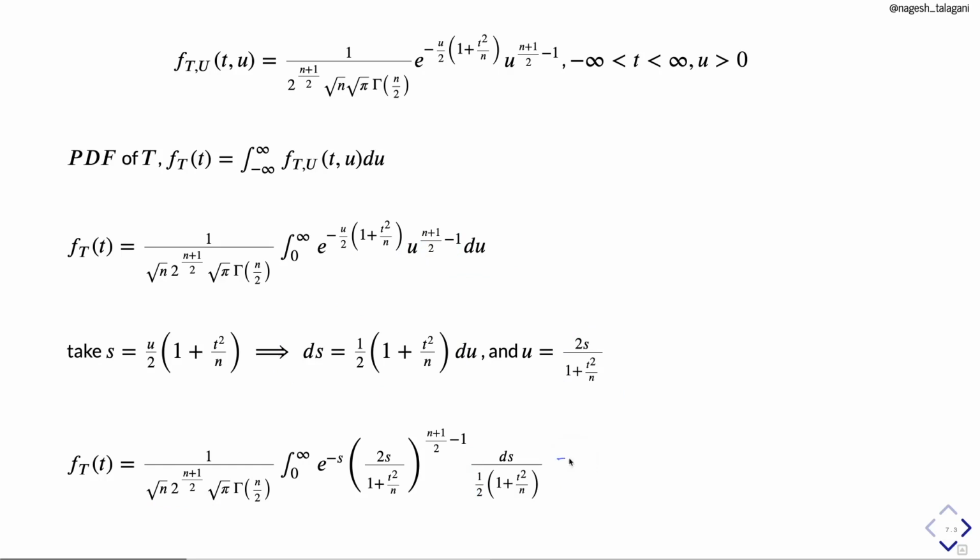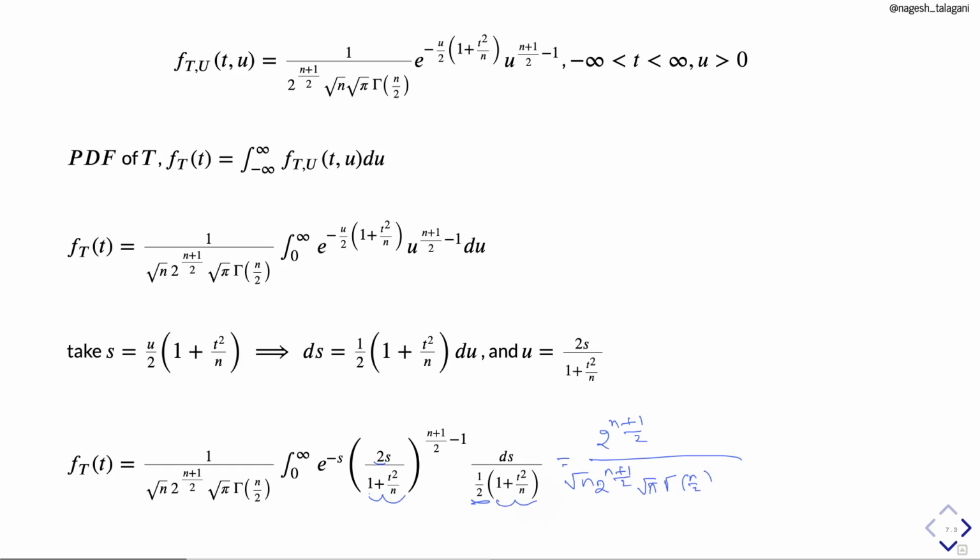Now this gets simplified to, if I write things not involving s outside the integration, here we have 2 to the power of n plus 1 by 2 minus 1. Here we have 1 by 2. So in total I can write 2 to the power of n plus 1 by 2 outside. And in the denominator we have root n 2 to the power of n plus 1 by 2 root pi gamma n by 2. Here we have 1 by 1 plus t square by n all to the power of n plus 1 by 2 minus 1, and here another 1 by 1 plus t square by n.